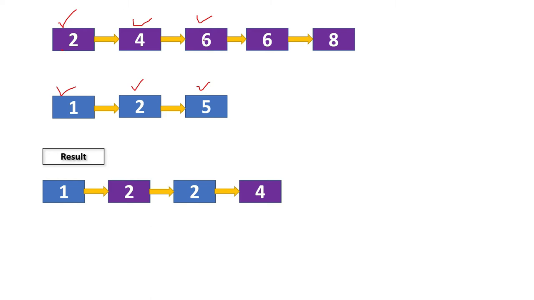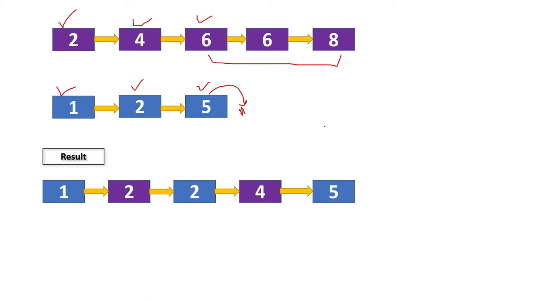Then we compare 6 and 5. Obviously 5 is less, so we take 5 from here and move to 5's next. But 5's next is null in this case, right? As it is null, that means in this linked list we can't traverse. So if we just take the remaining part and append it to the result linked list, then we are done.